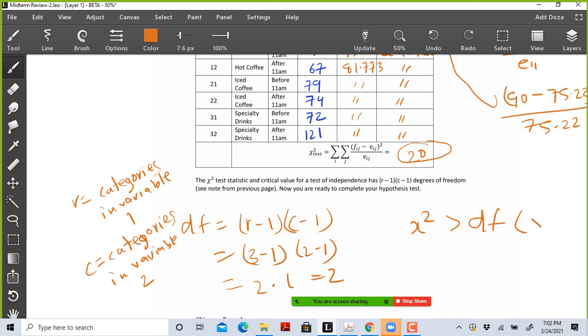If it's greater than degree of freedom, upper tail, right? So let's say our chi-square value is 20, it is greater than degree of freedom. Degree of freedom, let's say, is 2. Then of course it's in the upper tail, right?